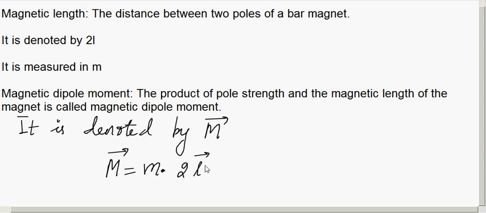It's a vector quantity and is directed from south pole to north pole of a bar magnet.